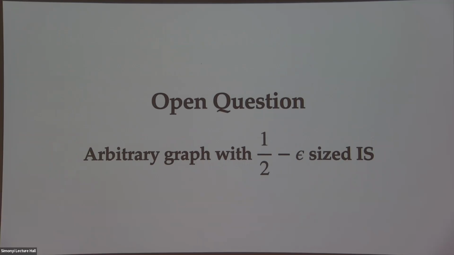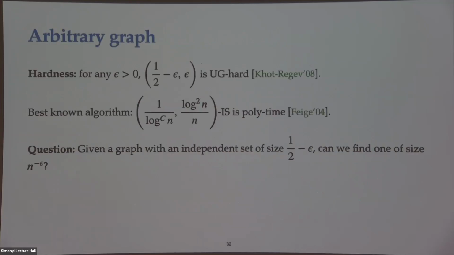So I want to end the talk with an open question or an open direction, which is for arbitrary graphs, but with a large half minus epsilon size independent set. So this is the Håstad and Bhaskara algorithm that I mentioned earlier in the talk. We know half minus epsilon versus epsilon is usually hard, and this is the best we know in this setting.